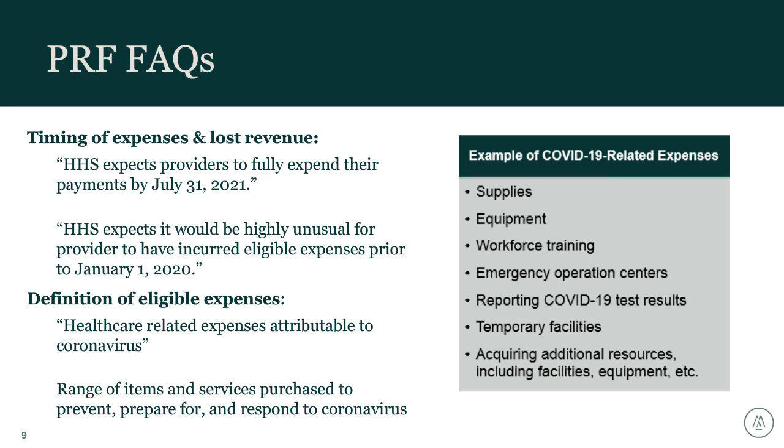Reporting any additional costs that you might be incurring to just report data, since different segments of healthcare have different reporting requirements to local and federal agencies. Any temporary facilities, so that might be parking lot testing or curbside testing that you might have set up, or modifications that you made in your permanent facilities, and acquiring additional resources. So if you had to rent or purchase additional facilities and equipment.